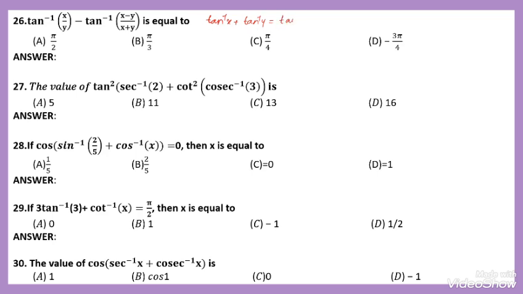By the property, I can write tan inverse of x plus tan inverse of y is equal to tan inverse of x plus y divided by 1 minus x into y.